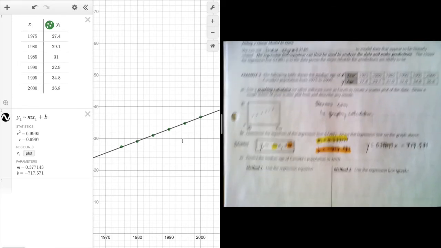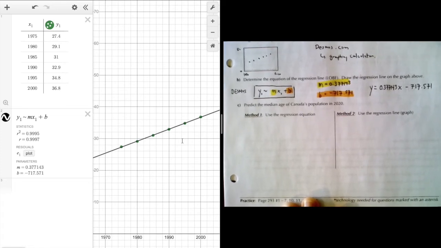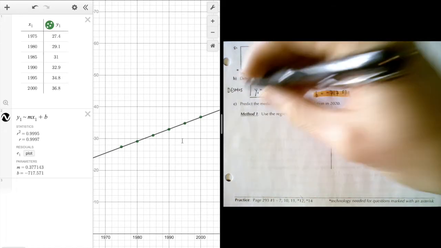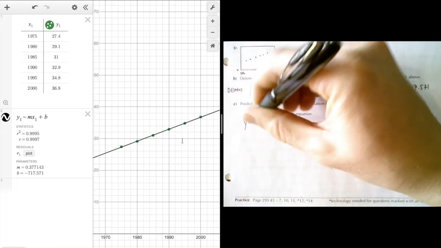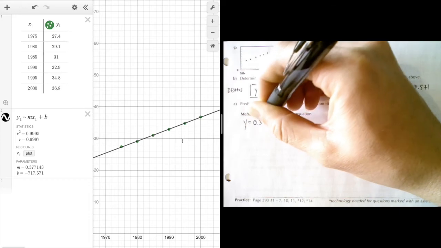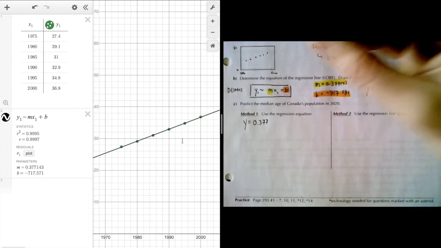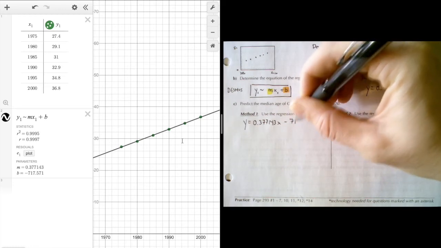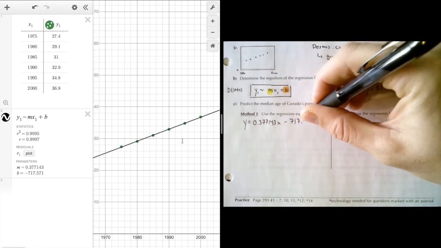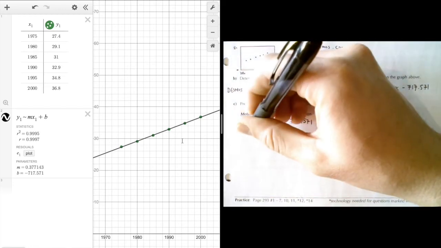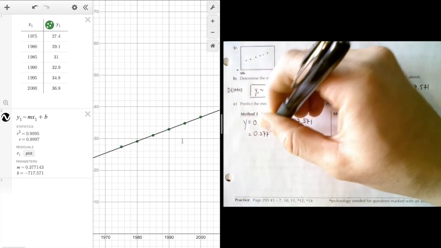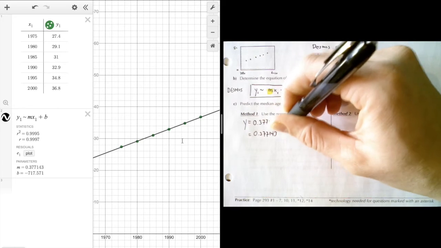Now for C, we're going to use our line. We're going to predict the median age of Canada's population in 2020. So use the regression equation. What we do is we use our equation, y equals 0.377143x minus 717.571. And since we want 2020, we just put the year 2020 in for x.